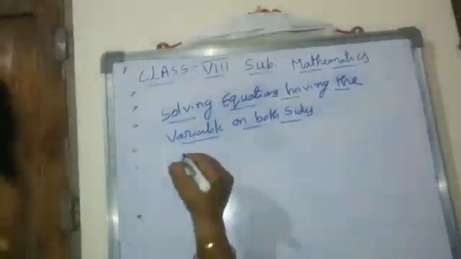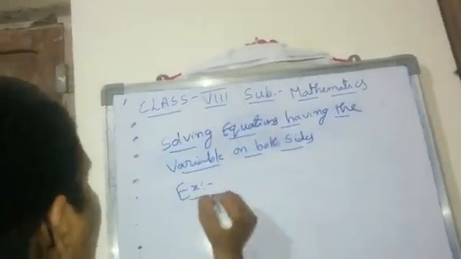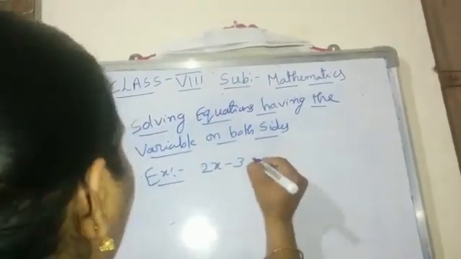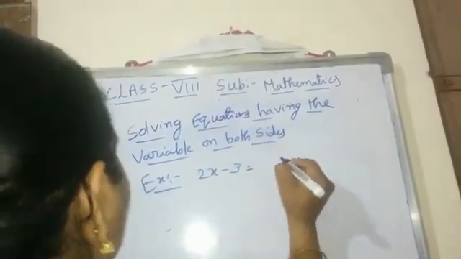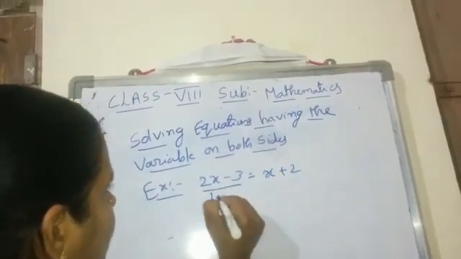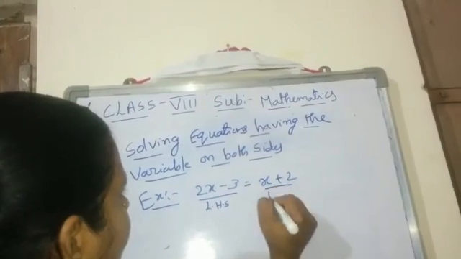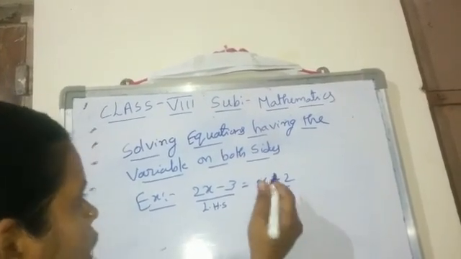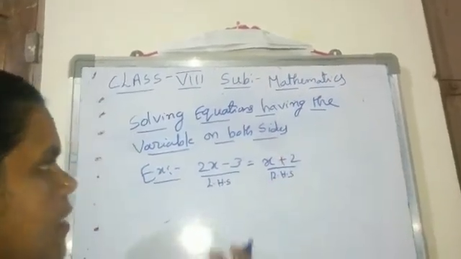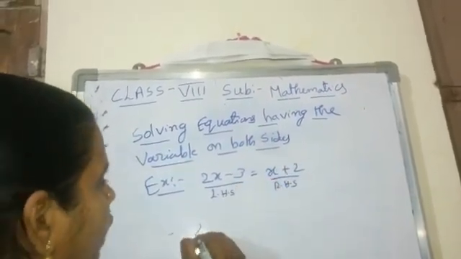Now see the example. So 2x minus 3 is equal to x plus 2. Now see, children, if you are observing here, the variable is on both sides, LHS and RHS. So write all variables on one side, all constants on the other side.